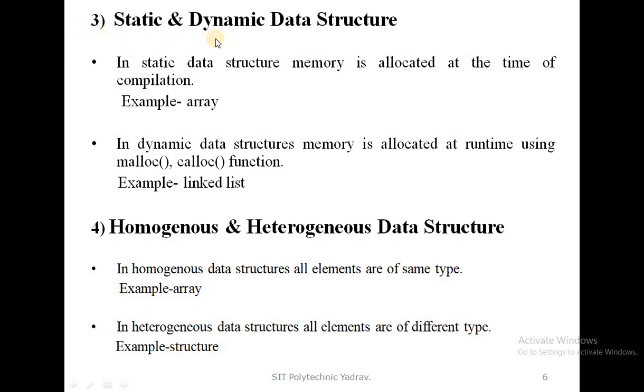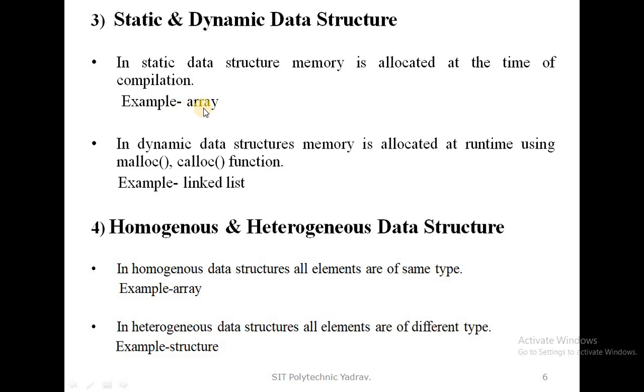Third, static and dynamic data structure. In that, these static and dynamic data structures are formed for the memory allocation purpose. In a static data structure, memory is allocated at the time of compilation. For example, array. Means what?